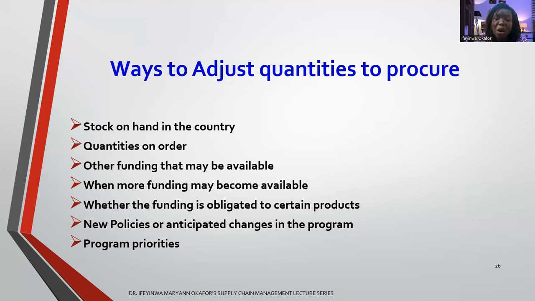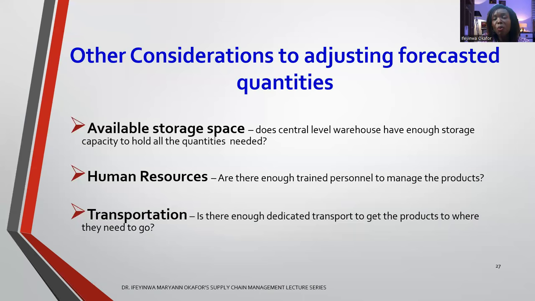When more funding may become available, we should also check whether the funding is obligated to certain products, and also new policies or anticipated changes in the program. We should also note the program priorities. Then other considerations that can also help us to adjust forecasted quantities are available storage space.